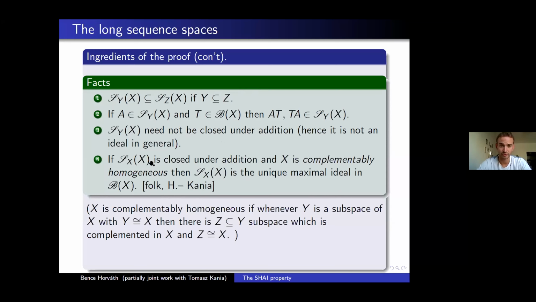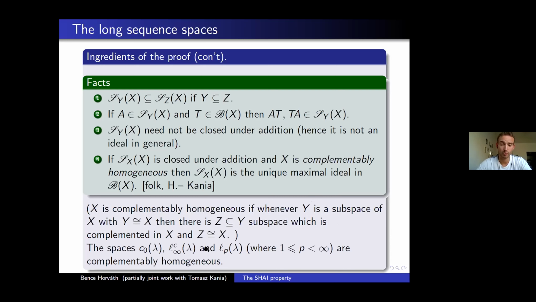Let me just remind you that we already talked about complementarily minimal Banach spaces. Complementarily homogeneous just means that if you have a subspace of Y which is isomorphic to X, then you can find a further subspace Z of Y which is complemented in Y, and Z will be isomorphic to X. And all these spaces that I'm considering are complementarily homogeneous.